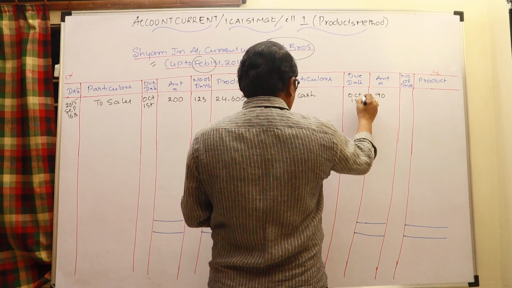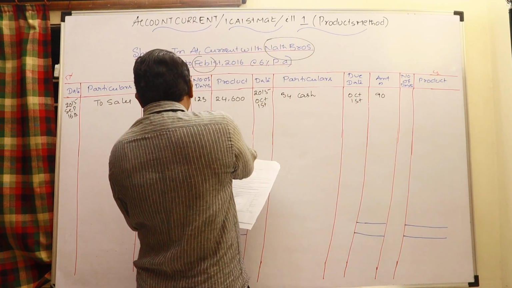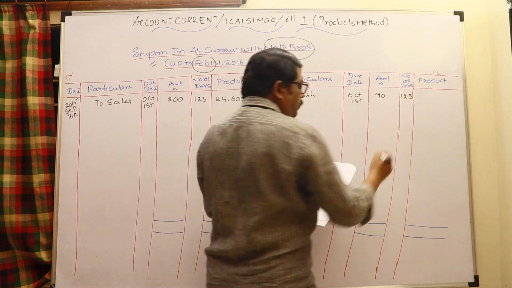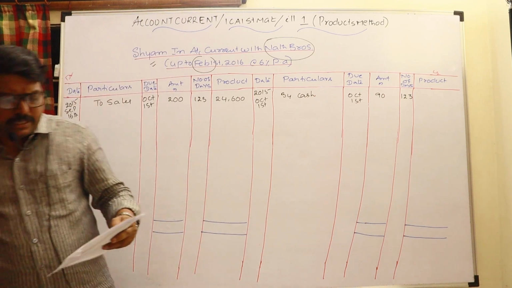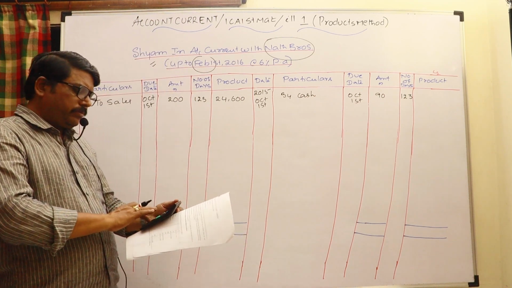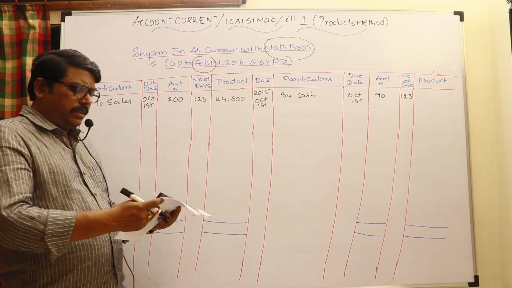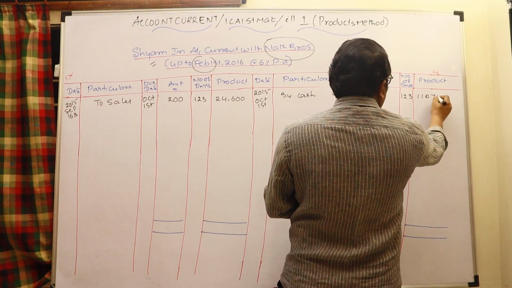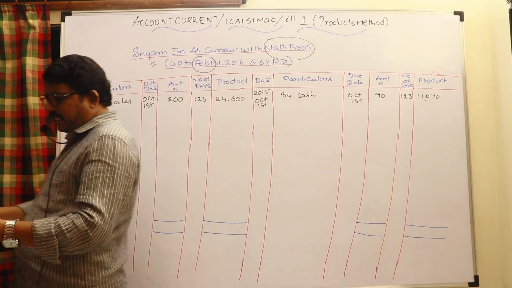No separate due date is given, so the transaction date itself will be the due date. The same due date, so the number of days is again 123. Let us see the product: 90 into 123 is 11,070. Go to the next transaction.